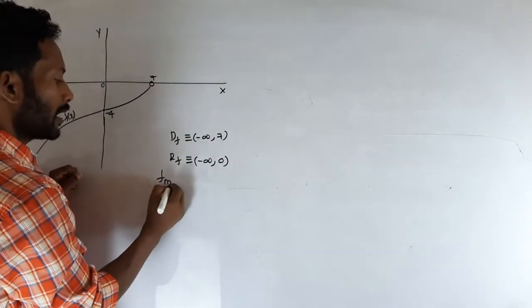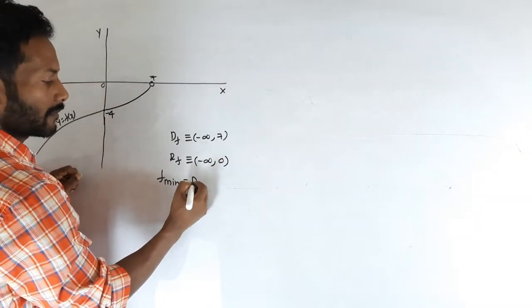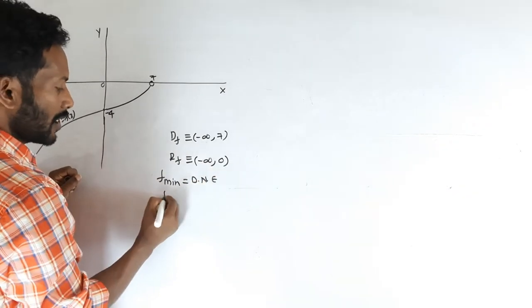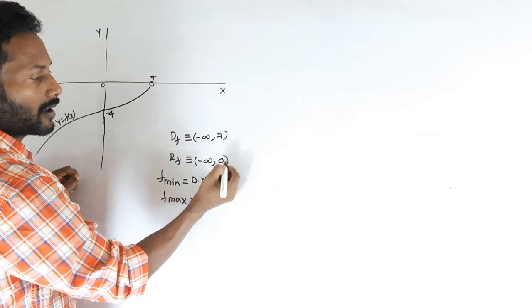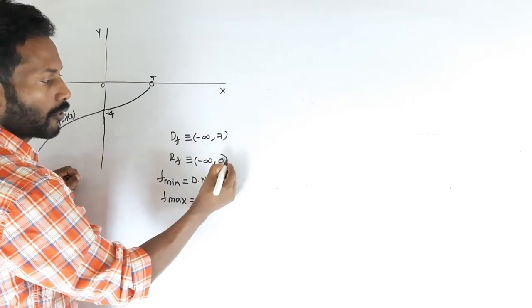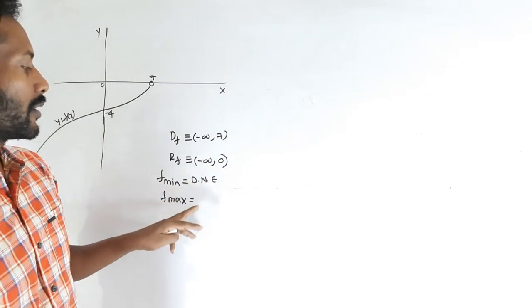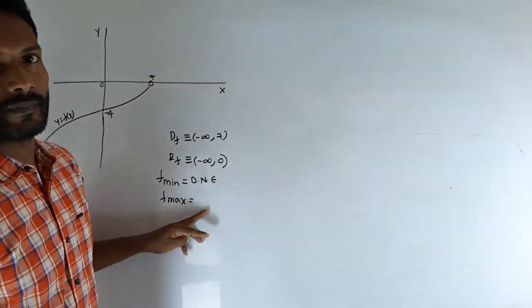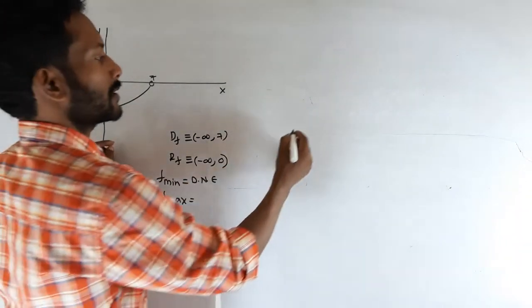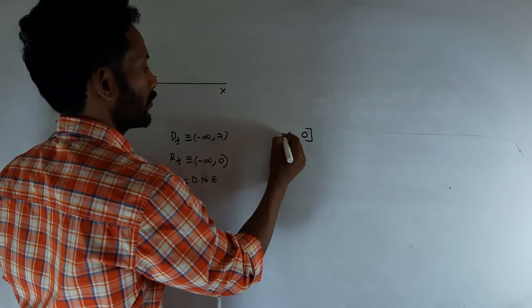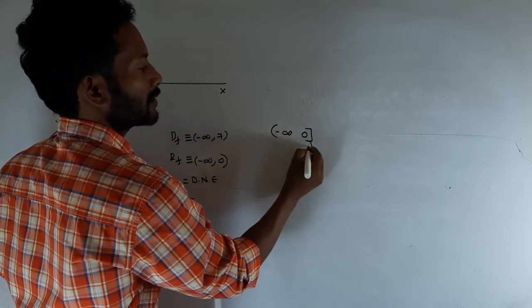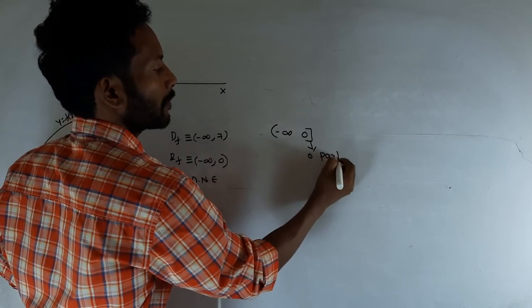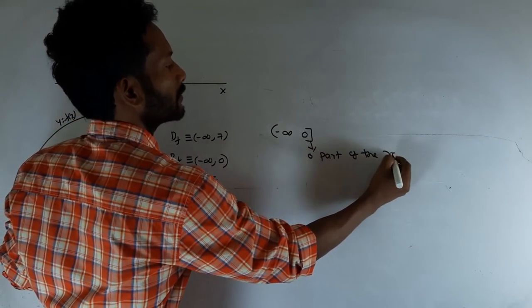F minimum does not exist. F maximum: 0 is not part of the range. Open interval, closed interval. Closed interval means, suppose 0 to infinity, 0 is part of the range.